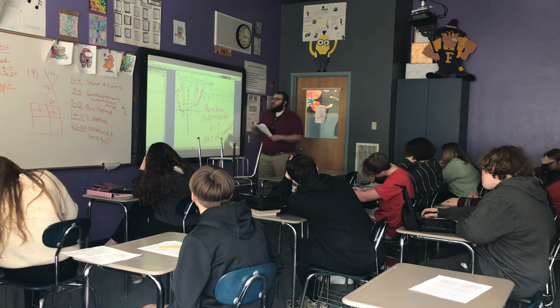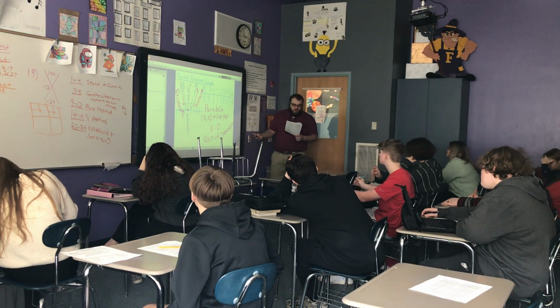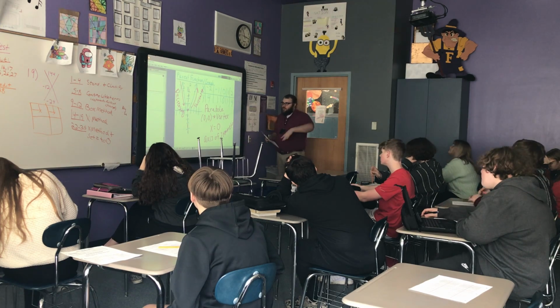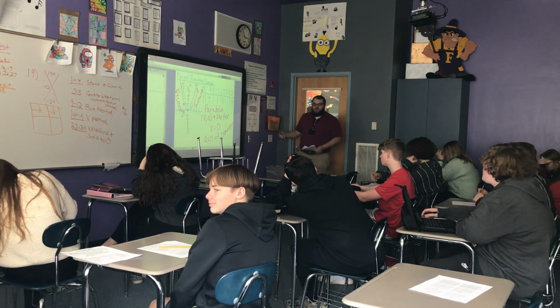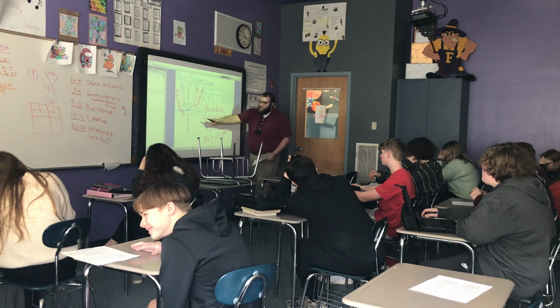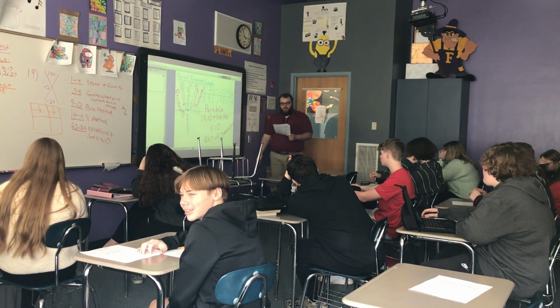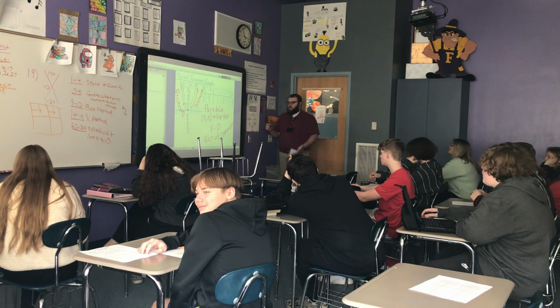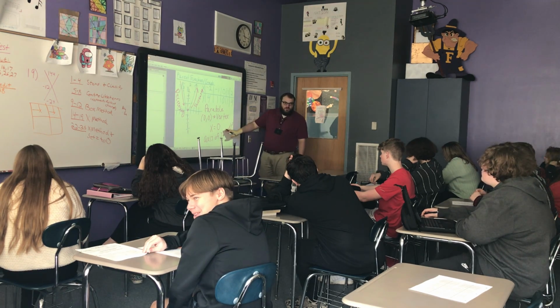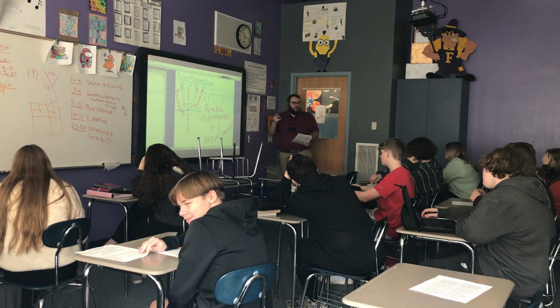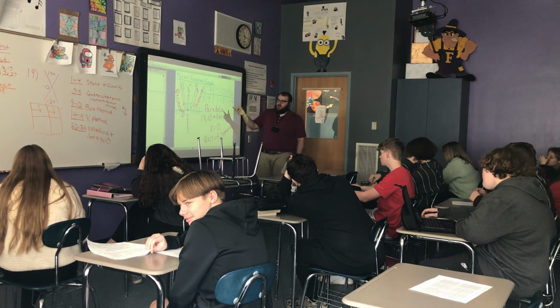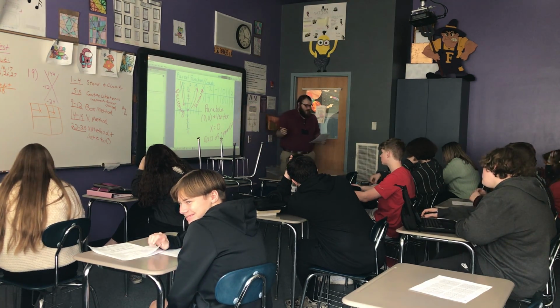So when we look at the parent function, it's decreasing and then it moves to increasing, and the shape is a parabola. We have a vertex, which in this case is our lowest point at 0, 0. And we have an axis of symmetry at x equal to 0. There's a lot that we can look at with just a function of y is equal to x squared.